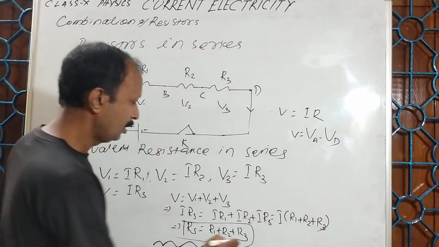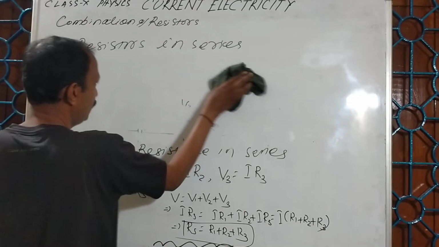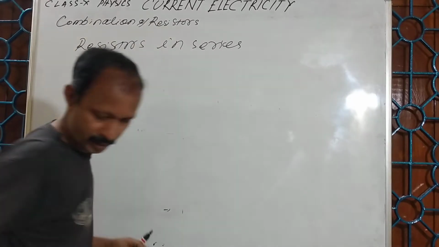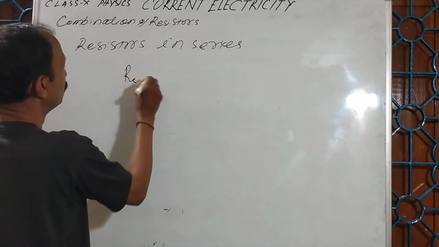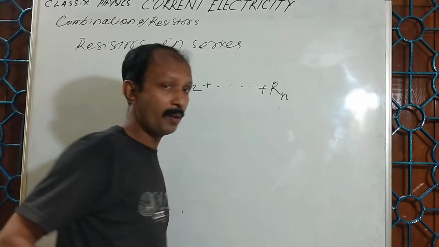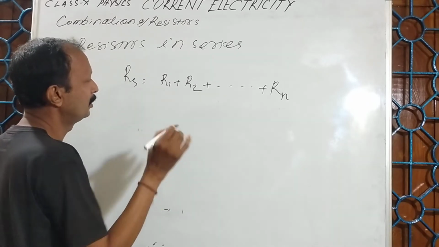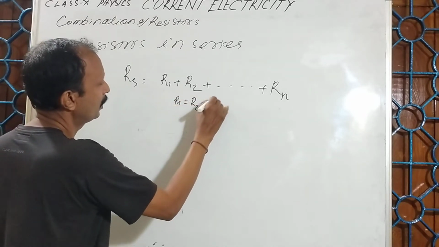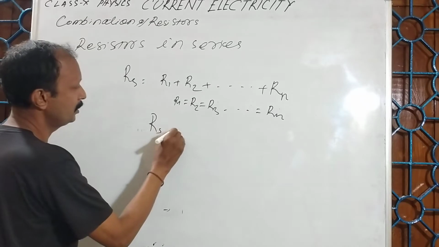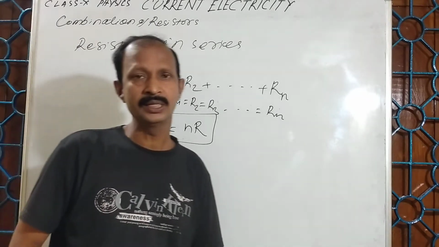In general terms, if a number of resistors are connected in series and all are equal, suppose R1 equal to R2 equal to R3 up to Rn, then I can write that resistance in series is equal to n times R. In the general case, I can express it like this.